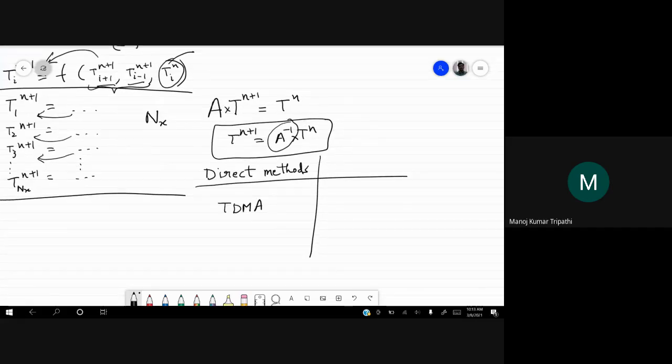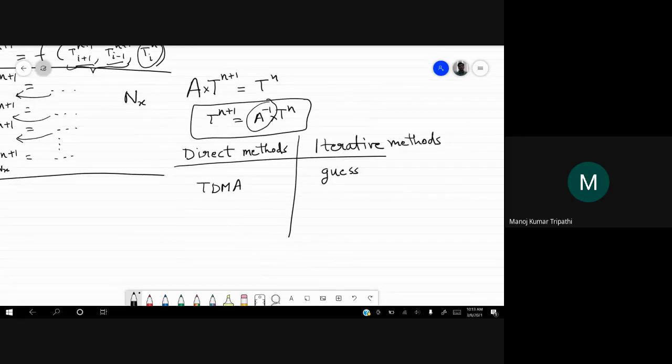And then there are iterative methods, which means you start with some guess value, guess the solution, and then you have some equations which you solve iteratively.